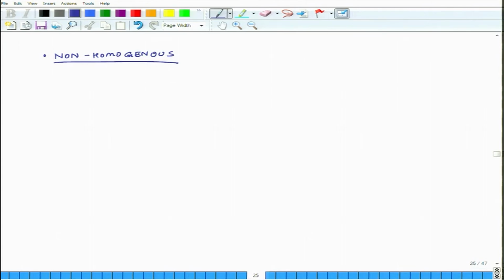So, what does non-homogeneous mean? Again, let us look at a piece of metal.